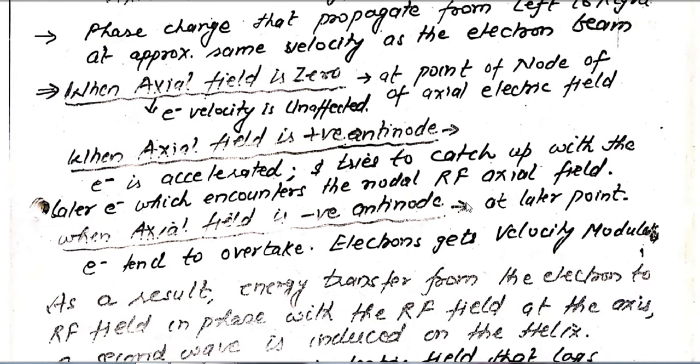So this is for when we have the positive field, and when the axial field is negative antinode, at a later point electrons tend to overtake and the electron gets velocity modulated.